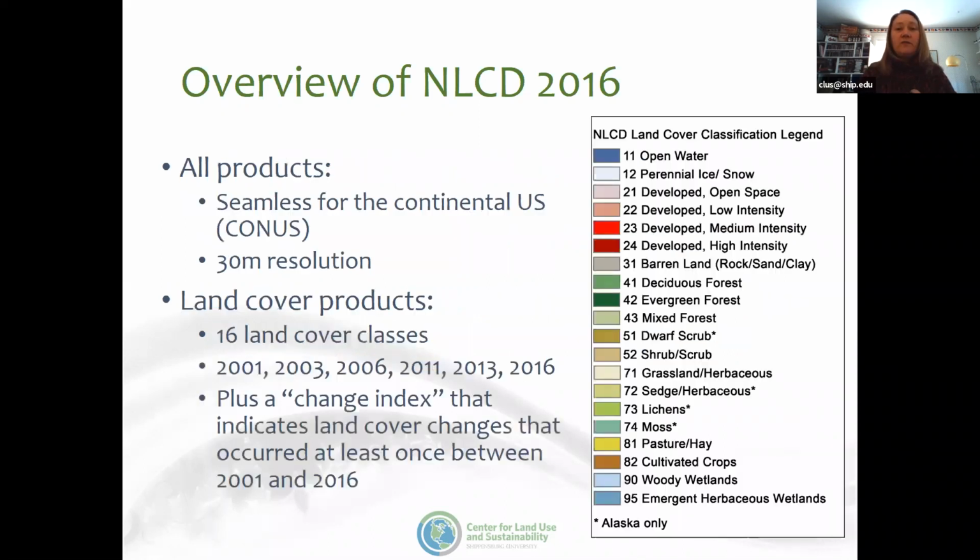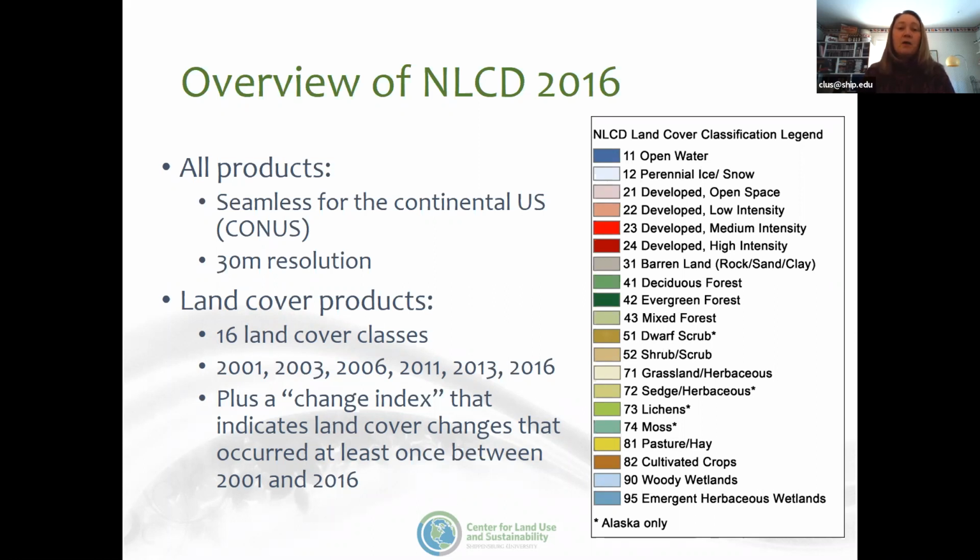So many of you are probably familiar with what I've been calling the categorical land cover data sets. This is the data set that has 16 categories of land cover classes, as you can see on the legend here.